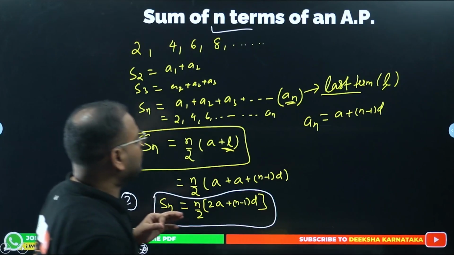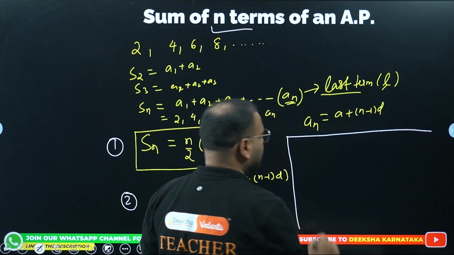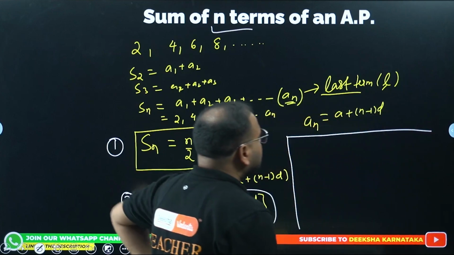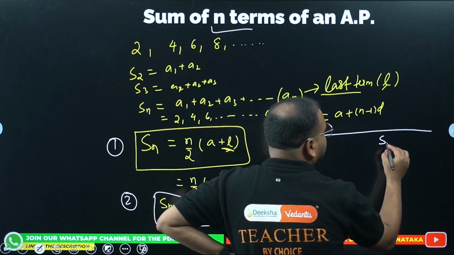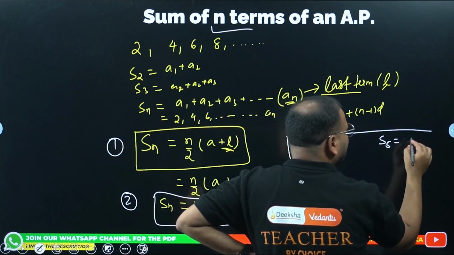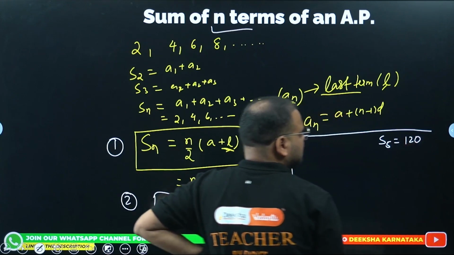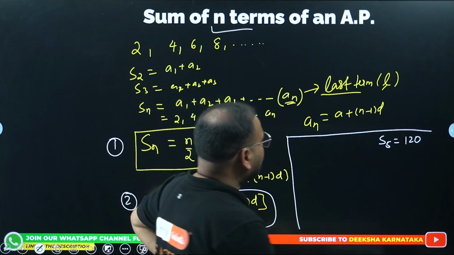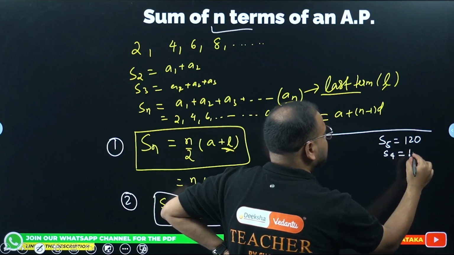One more thing, I want to make a note over here. Sometimes if they want to make the paper difficult, in the sum of n terms they use this concept. Let's say sum of 5 terms is, I'll take a number, 120 for any AP, and sum of 4 terms is 116.